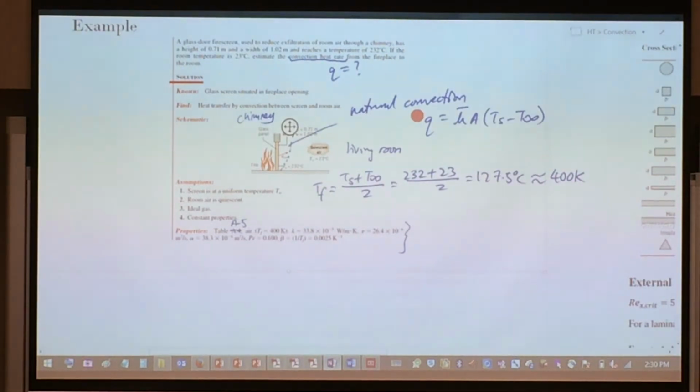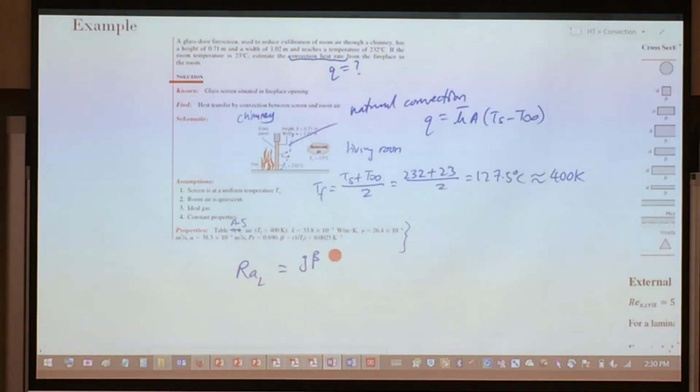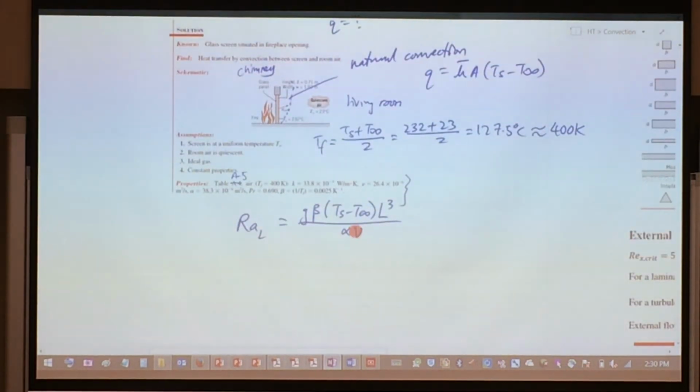Knowing that this is a natural convection, we have to first find out what is your Rayleigh number. Rayleigh number is equal to g beta times the temperature difference Ts minus T infinity, times the length cubed, divided by alpha multiplied by nu, which is your kinematic viscosity.